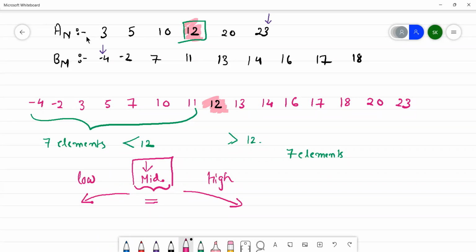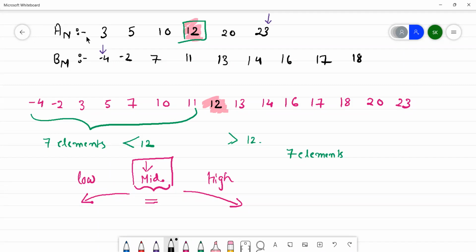But is it technically correct, because 2 has one element to the left and 2 elements to the right? You can handle that case, right? Like you can check if the number of low elements and the number of high elements, greater than mid and lower than mid, come out to be equal, then this is your answer.